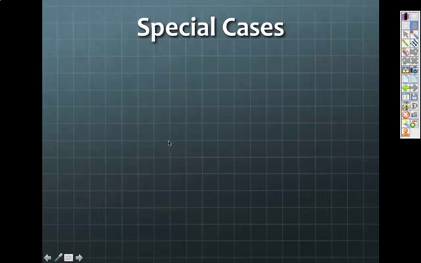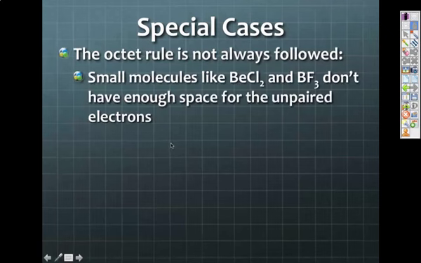So we've got some special cases. The octet rule is not always followed, because when we have small molecules like beryllium chloride or boron trifluoride, we don't have enough space for the unpaired electrons. And beryllium chloride we would normally think is an ionic compound.